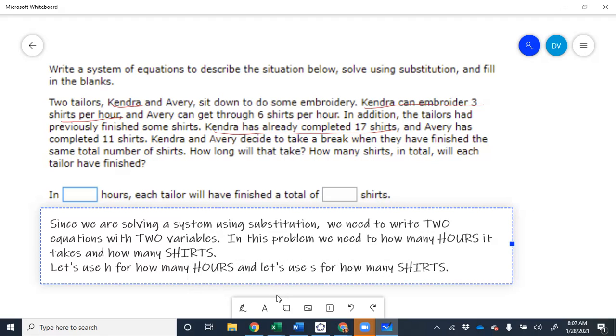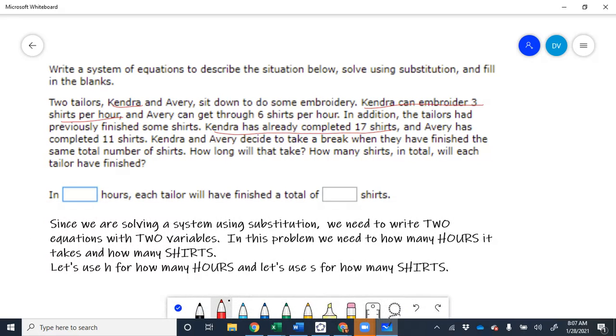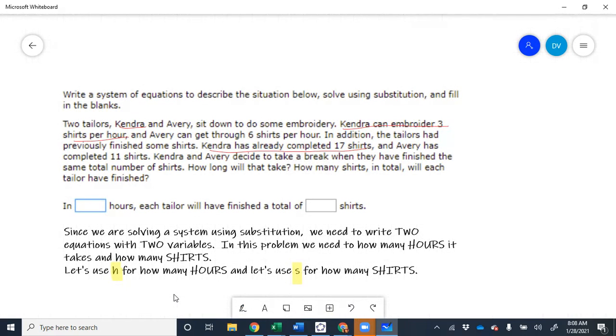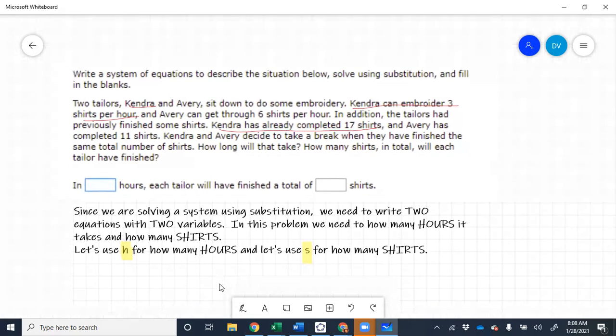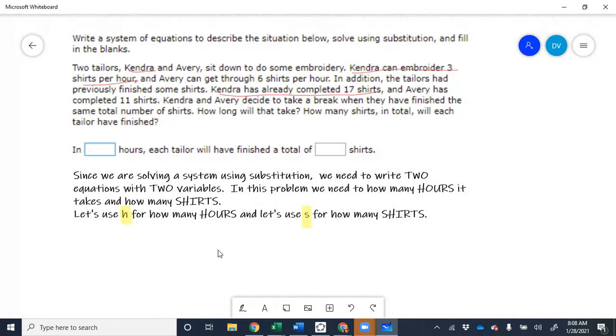H for how many hours, and S for how many shirts. I'm going to highlight that so we can see that a little bit better. H for hours and S for shirts. Okay. Now I'm still going to use 2 different colors. Like I said, I think I'll use red for Kendra, and I'll do that equation first. I'll write an equation for Kendra, and let me just put that here in red ink.